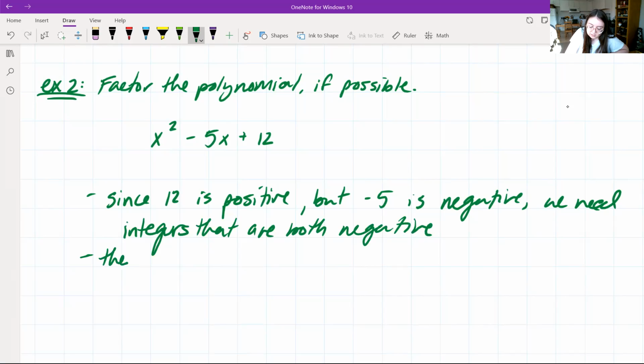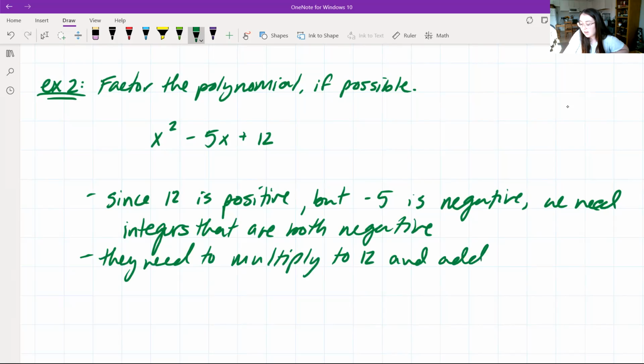And this means that they need to multiply to positive 12 and add to negative 5.